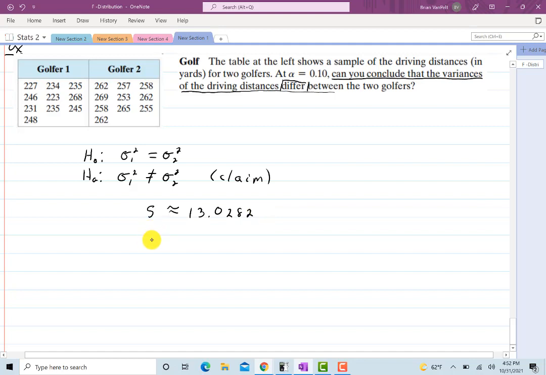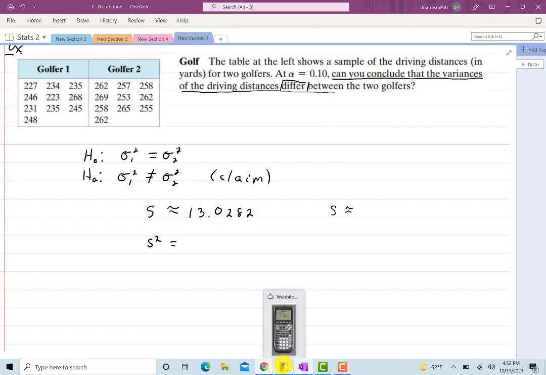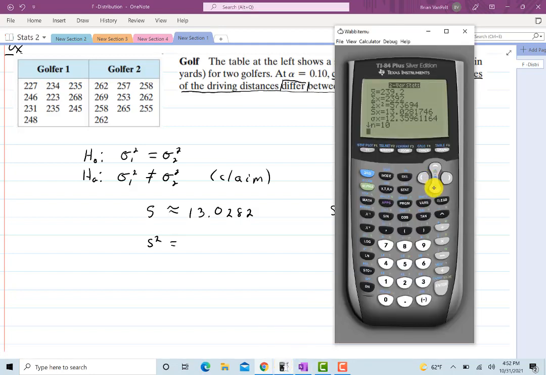And then let me go ahead and square it. And then the other one, I'm waiting to call which one S1 or S2 depending on how this shakes out. So let's pop into the calculator for the second S, which will be listed under the Y's. There it is, 4.8178.